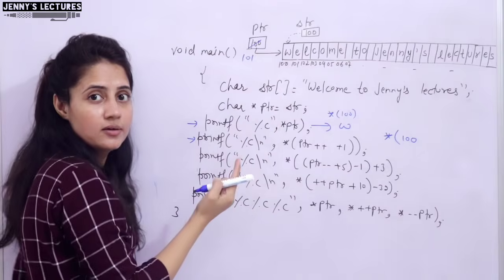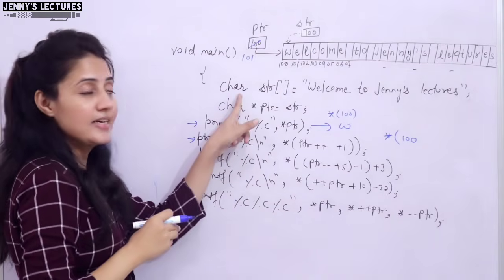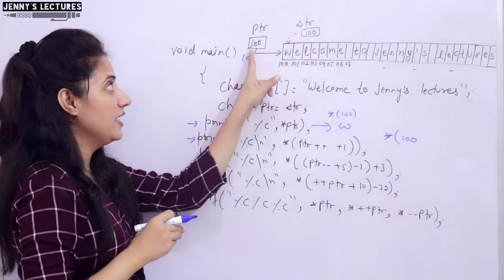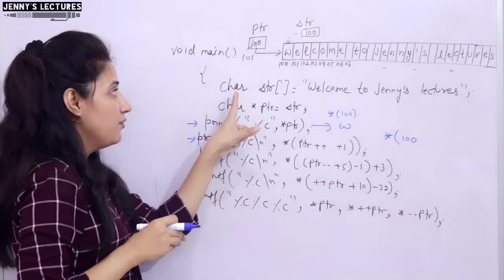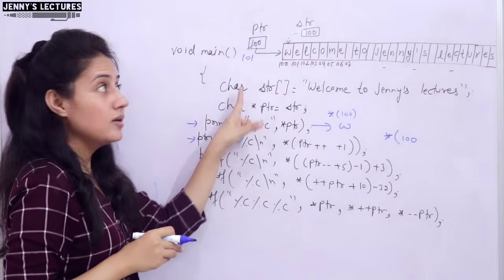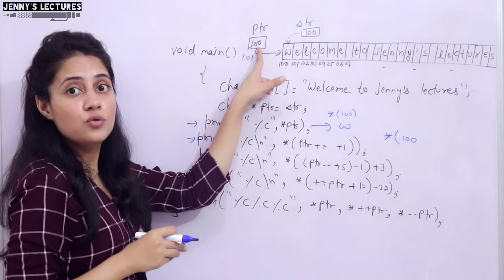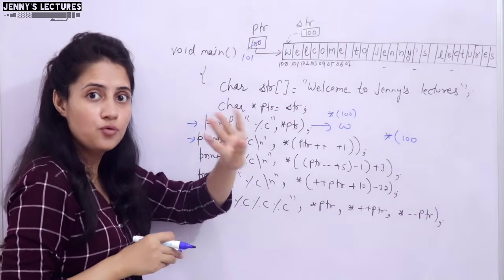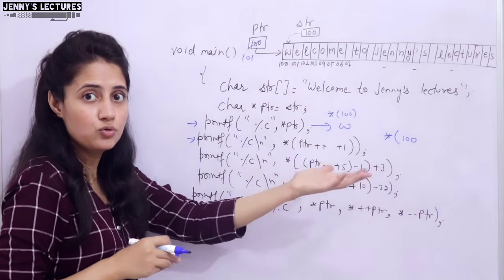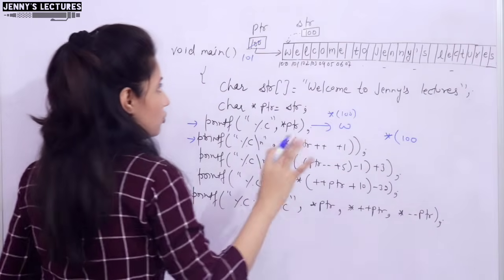Why only 1 byte? Because this is of character type. So definitely it will point to the next location, and a character has only 1 byte. If it is of integer type, with base address 100, it would be increased by 4 bytes, because the size of integer is 4 bytes. That we have discussed in previous videos of pointers. You can refer to those videos.